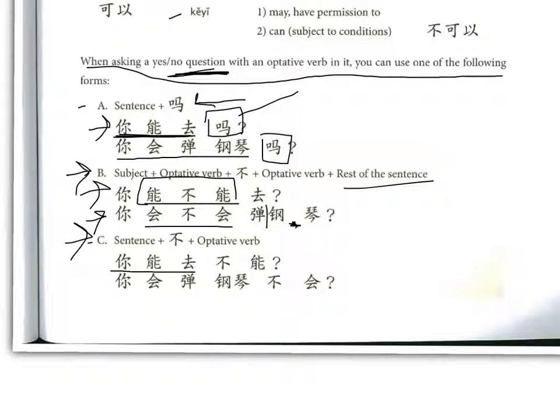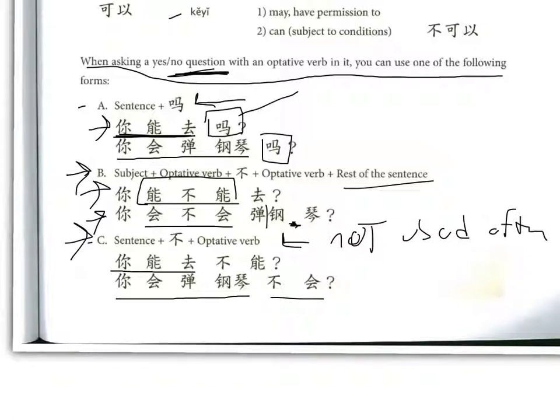Alright? Or 你会弹钢琴不会? Alright. This third option here is not as frequently used as the other options. This one here is not used often.